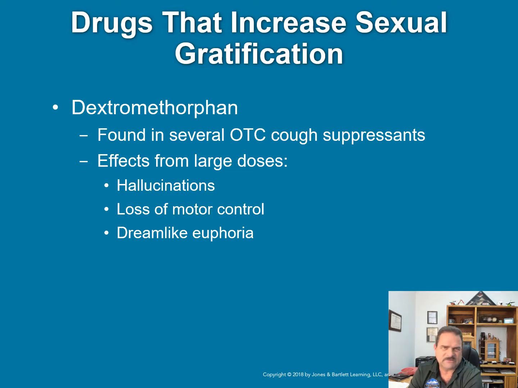Large quantity consumption can cause hallucinations and psychedelic visions, as well as loss of motor control, confusion, and blurred vision. It also causes a dream-like kind of euphoria, which produces out-of-body sensations. It's interesting. I remember for a long time, kids were getting into that. We had several overdoses of cough medicine come to the emergency department.